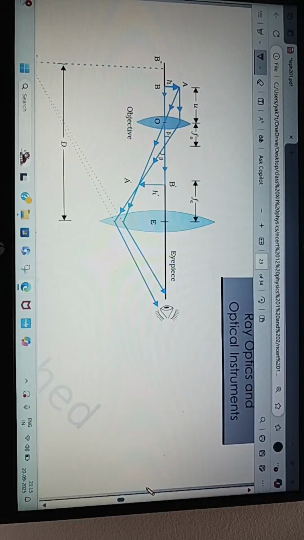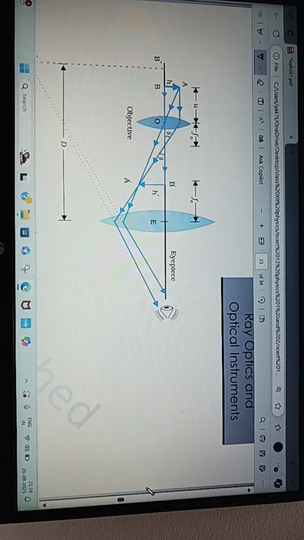One has smaller aperture and smaller focal length, and the other has bigger aperture and bigger focal length. So what is aperture? Aperture means size of the lens. Okay, sir. One is smaller, another one is bigger.